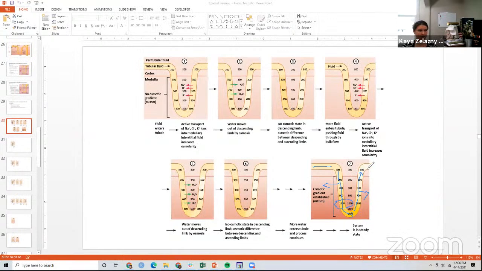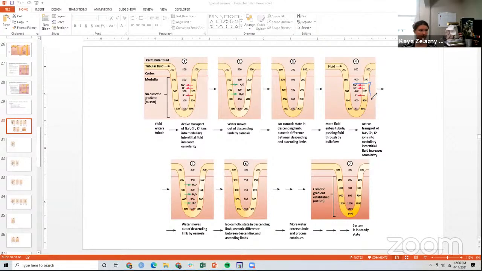And actually in the distal collecting duct, we end up with a really low osmolarity as we move out of the loop of Henle ultimately here. Okay, so really the main thing we want to know about setting up this gradient is I really just want you to know what the ascending limb is doing, right?